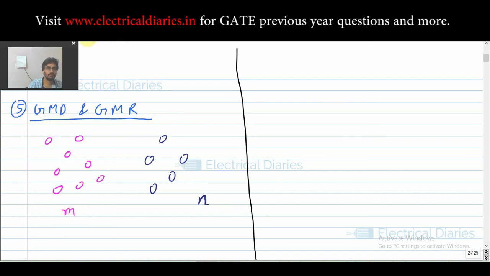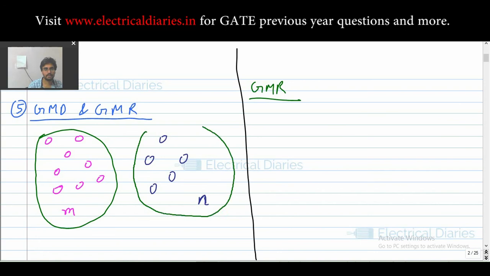Always remember that GMR is for the set itself. A GMR will be calculated separately for this bundle of conductors, and a GMR will be calculated separately for that set of conductors. So that is the meaning of GMR: it is like of itself.